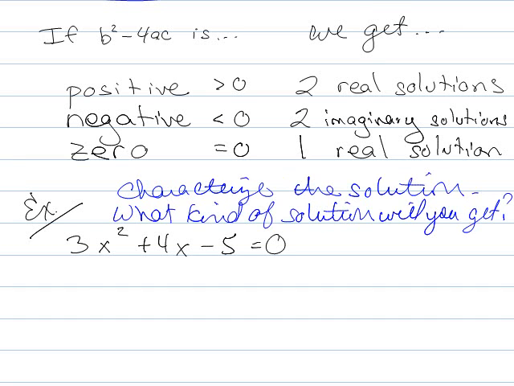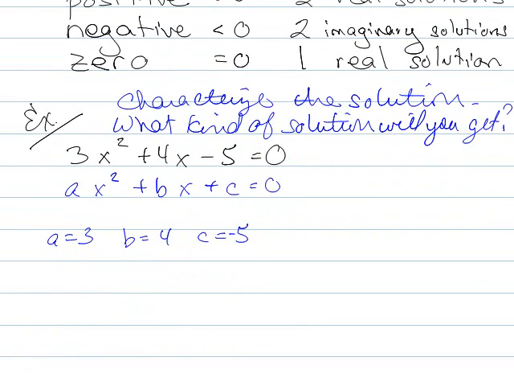In this case, you line it up with the quadratic equation and figure out what everything is. So a is 3, b is 4, c is negative 5. Then you plug it in directly to b squared minus 4ac. That's the only part you have to do.